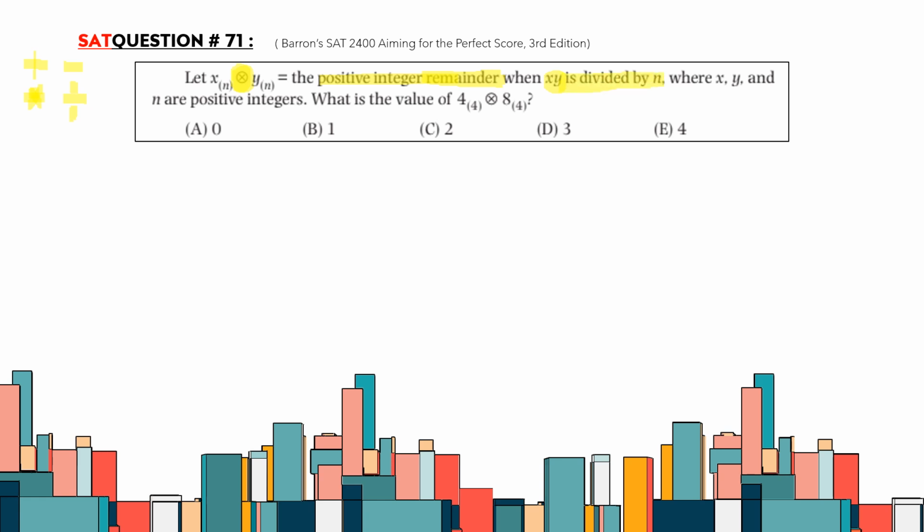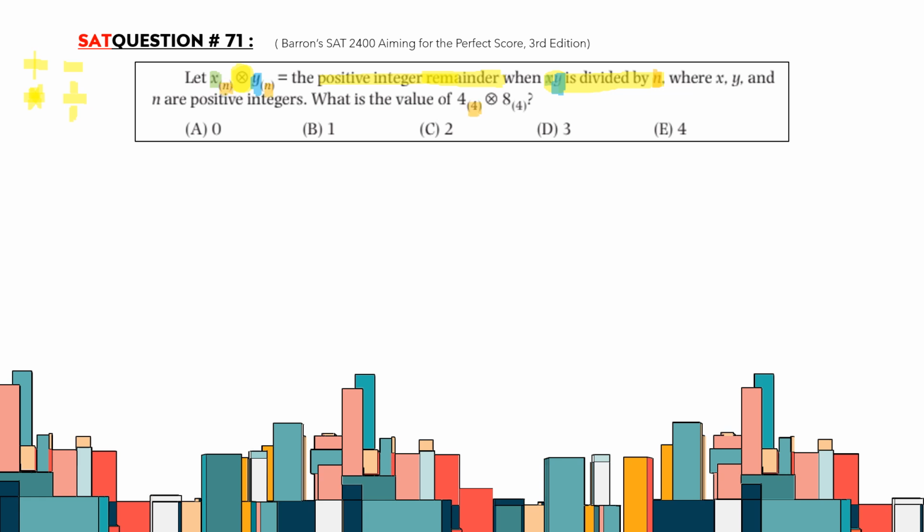First of all, how we read this: x right here is your x value. Then the y value is taken from here. And the n value is right here, and that n is the same thing.